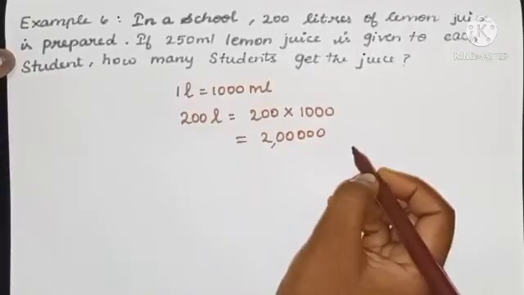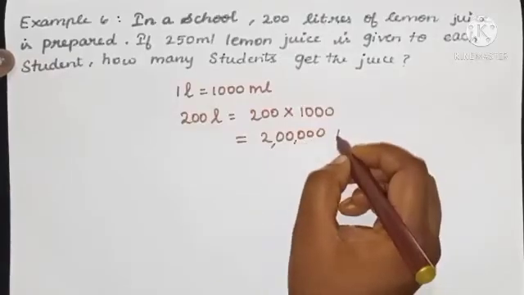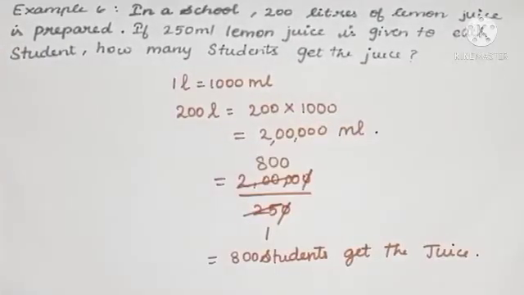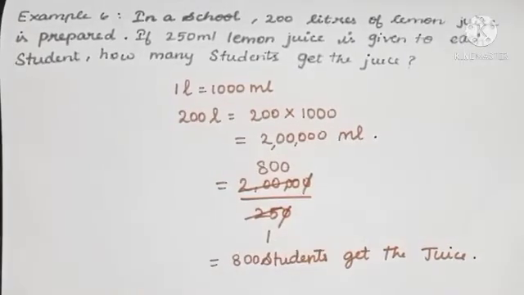So your answer will be 2 lakh milliliter. So we have to divide 2 lakh milliliter by 250 milliliter. After cancelling this, we will get the answer as 800. 800 students get the juice.